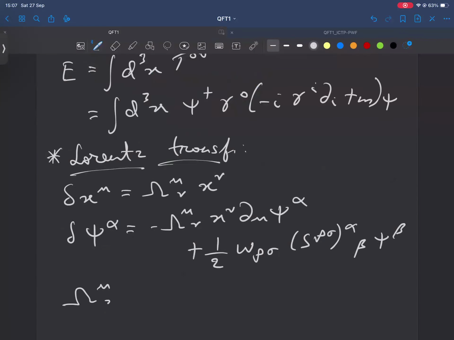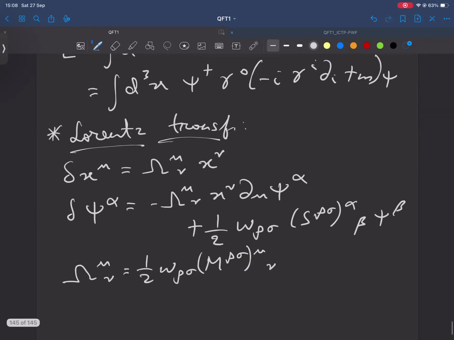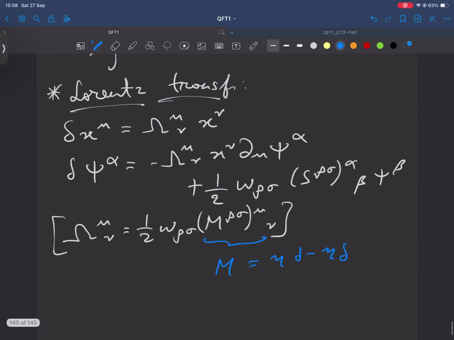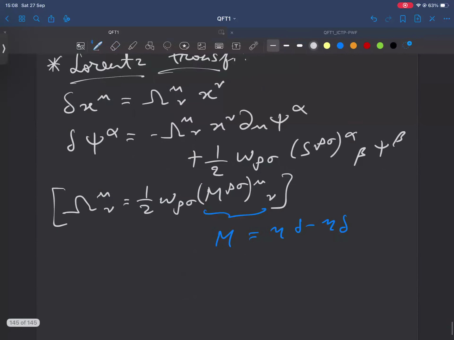And here these omega mu nus are the thing that are exponentiated, or in other words, these are the Lorentz generators that act on the vectors, the coordinate vectors. And now using the explicit form of this M rho, remember, this was written in terms of etas and deltas, you can show that delta psi alpha can be written compactly like this.